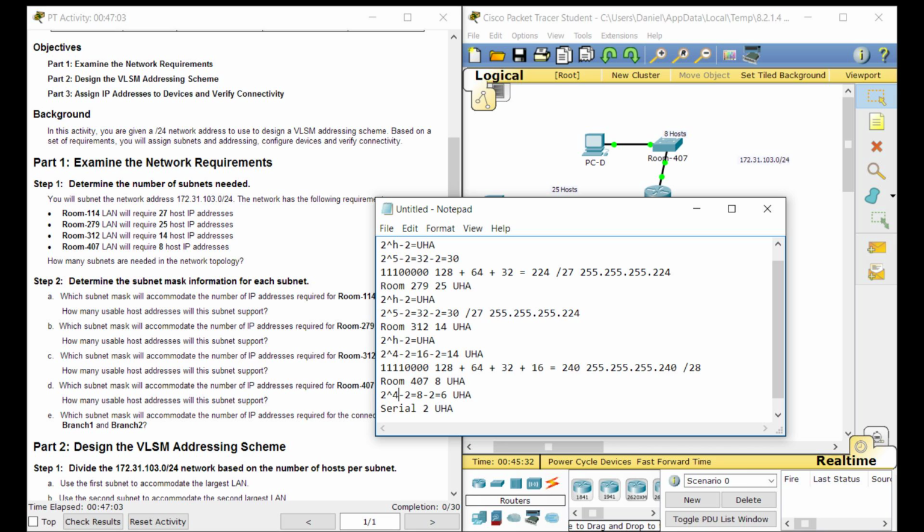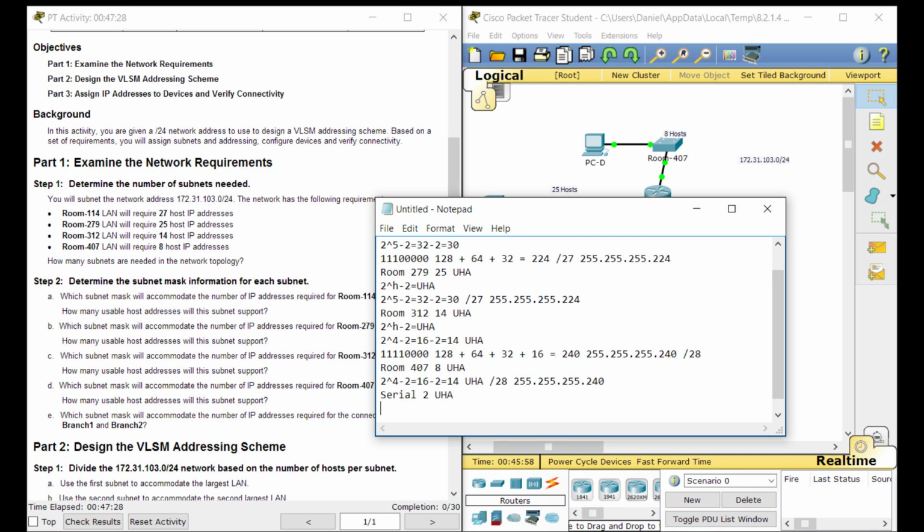So if instead we plug in 4, we will get 14 usable host addresses, and that will satisfy our requirements. Once again, this is going to be a /28 subnet mask, and a 255.255.255.240 address.